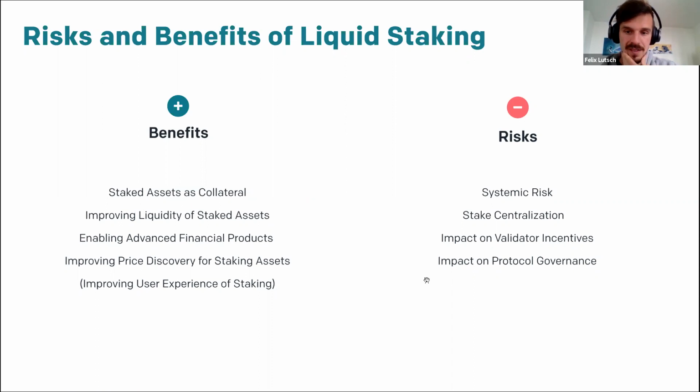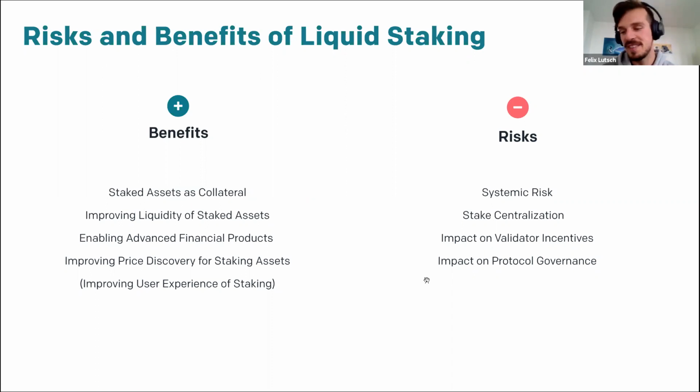Finally, there's two other things. One big risk is for protocols with governance. Liquid staking might, because the staked assets might move to another chain, or remove the user even more from this network, have an impact on the on-chain voting process.